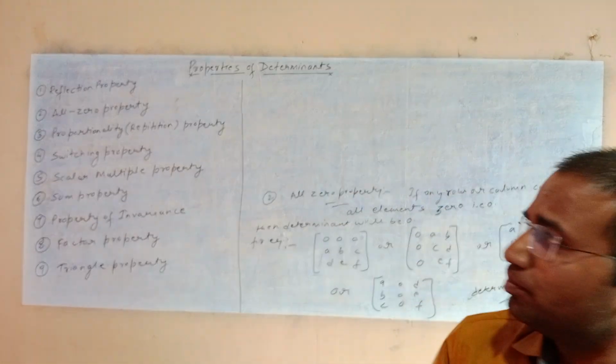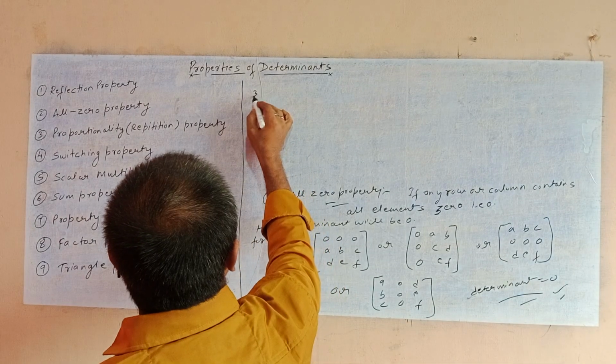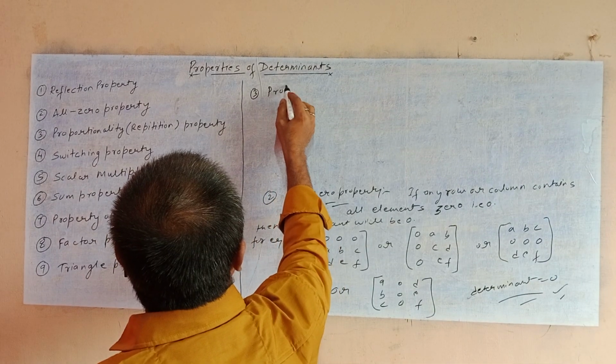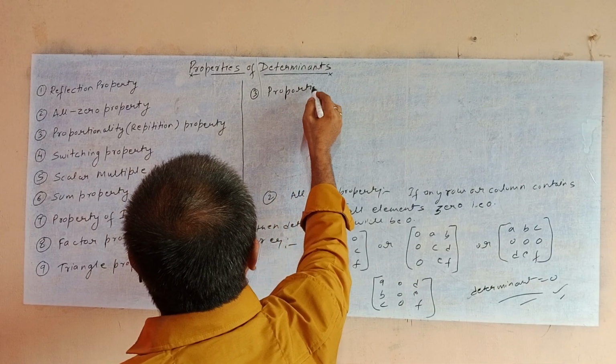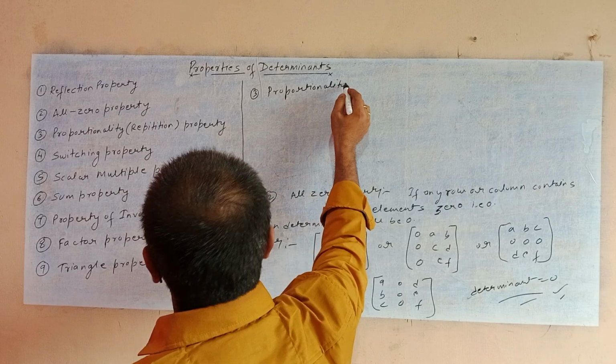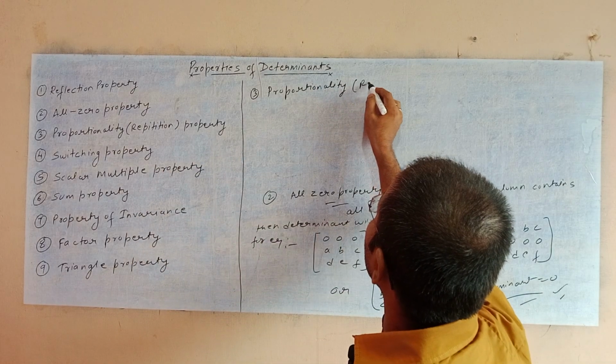The third one is the proportionality or repetition property.